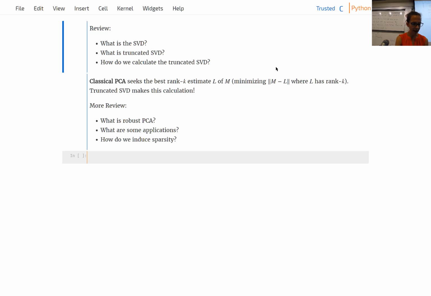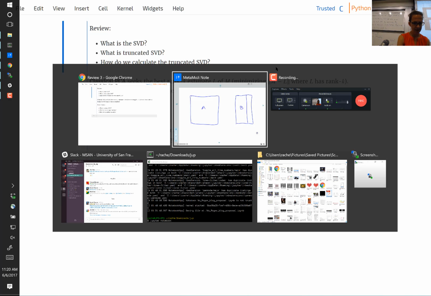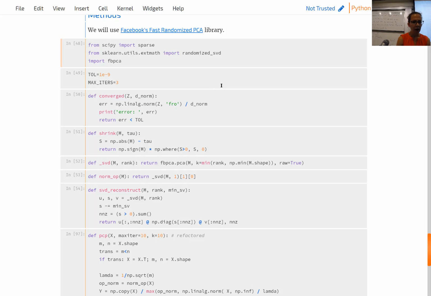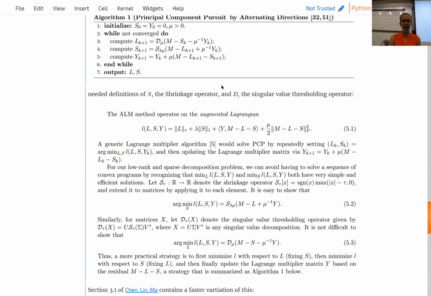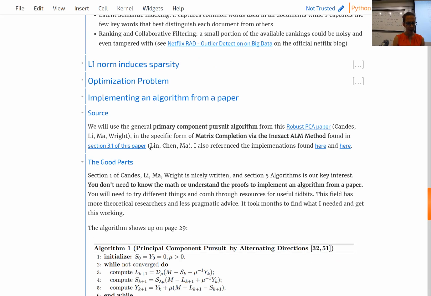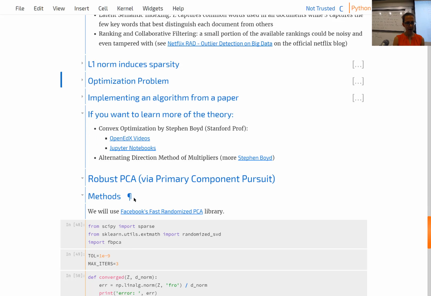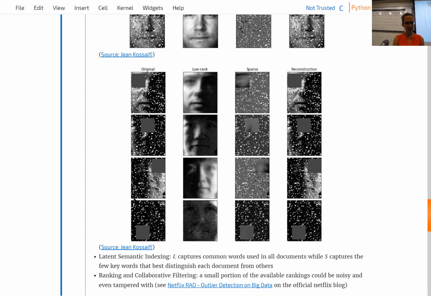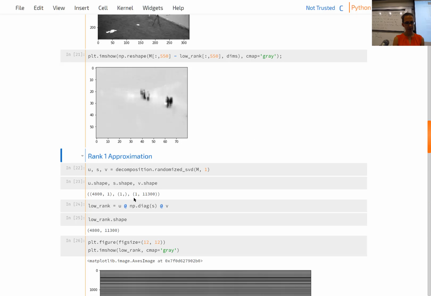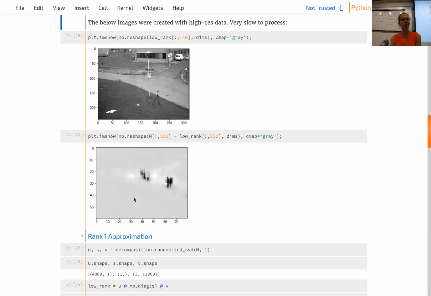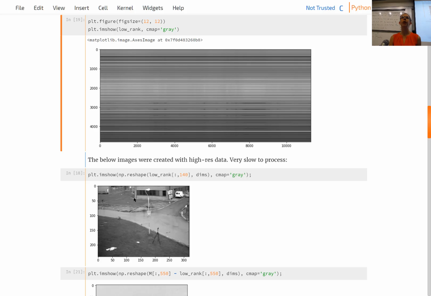And I wanted to highlight that previously, when we were looking at this background removal problem, we started off just doing the randomized SVD, or just doing an SVD, to get the background.